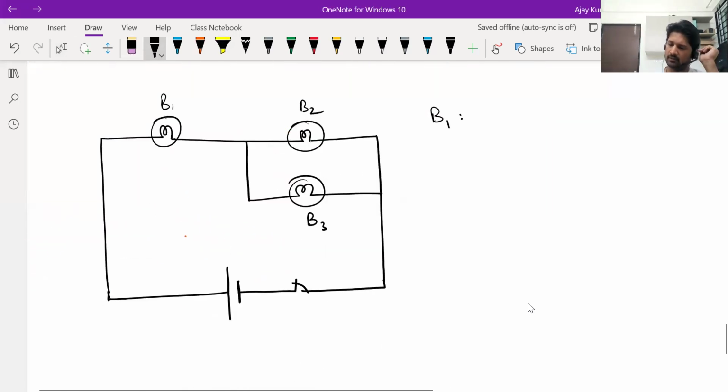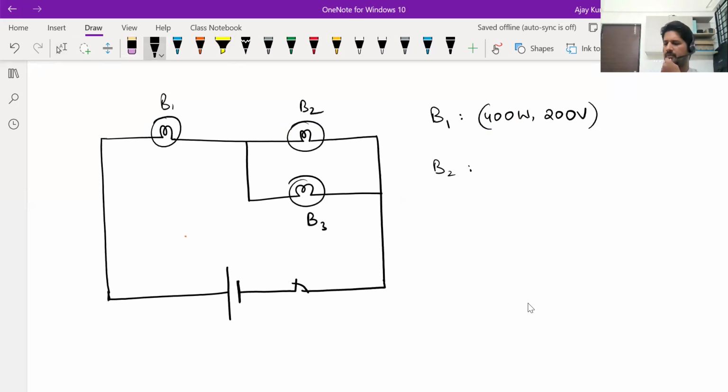Okay, fine. Let's take 400 watts, 200 volts for B1.